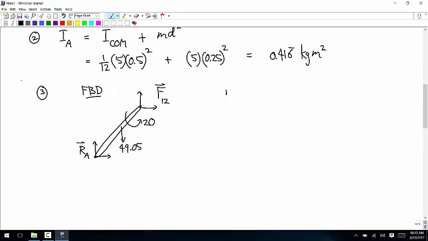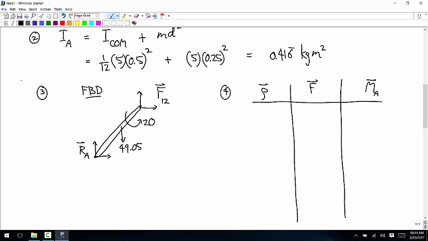So now we can write out row vectors, force vectors, moment vectors. We need to choose an about point. No, we don't in this class. Sorry, I was thinking of statics. In this class, we've already chosen the about point.